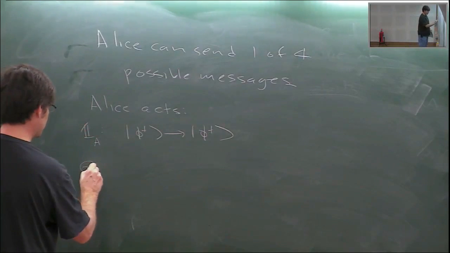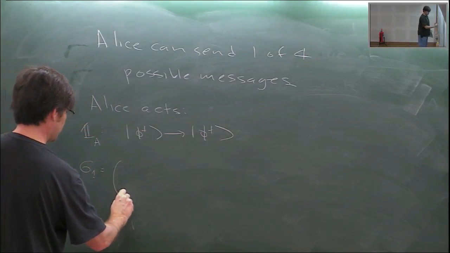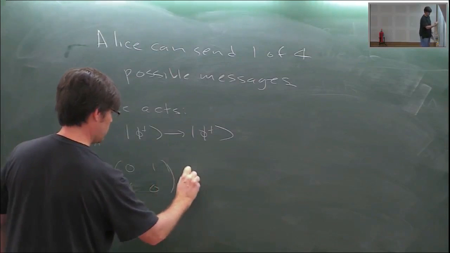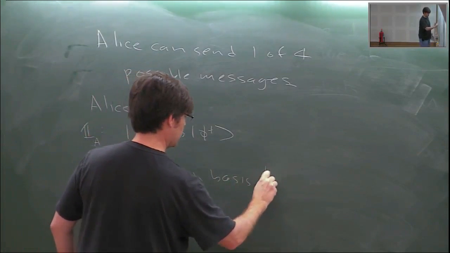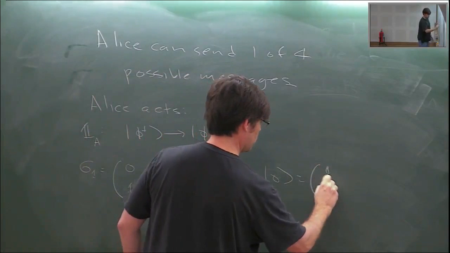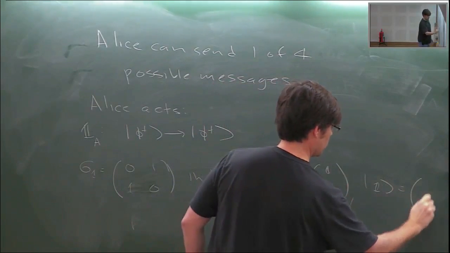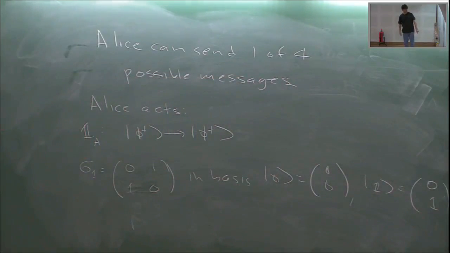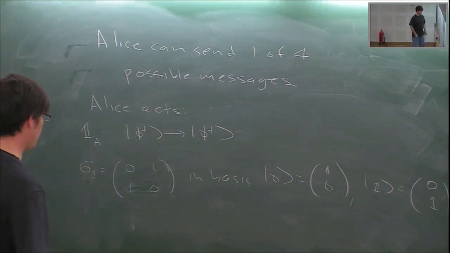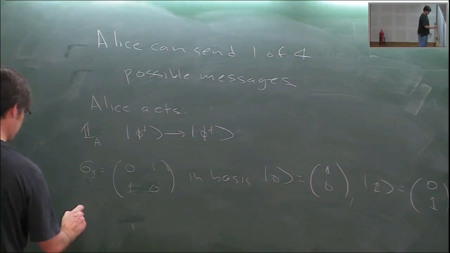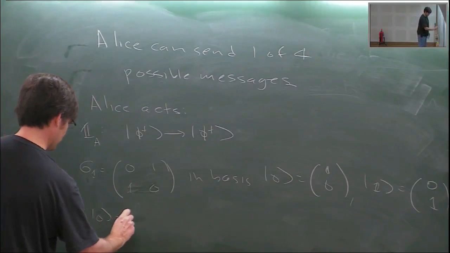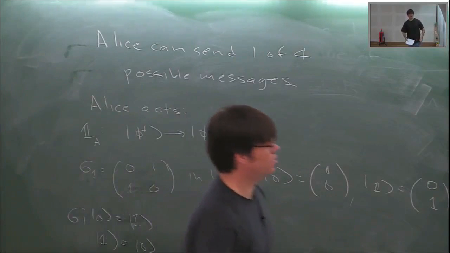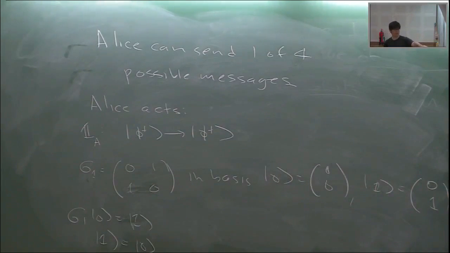She could also act with sigma 1, which in the basis, if I write out these vectors in the Hilbert space in vector notation in this way, will have this form. So in particular, sigma 1 acting on 0 is equal to 1, and acting on 1 is equal to 0. If I go back and look at phi plus, I'm going to flip the first bit.